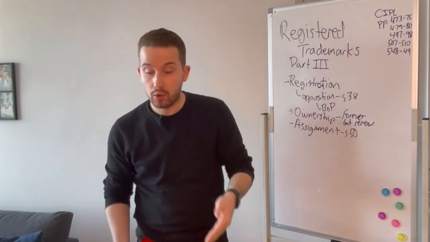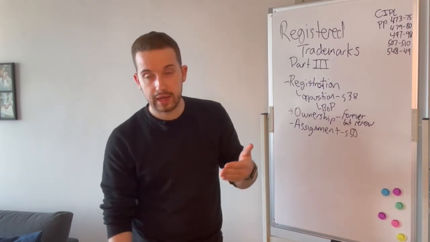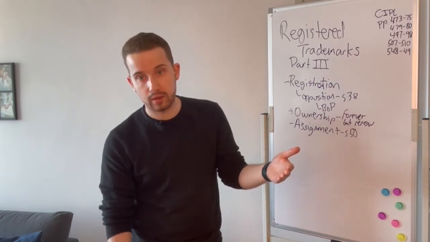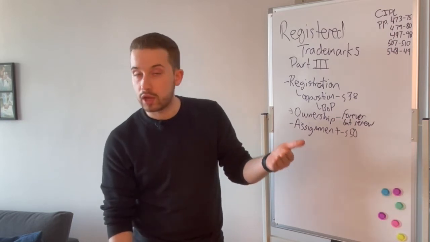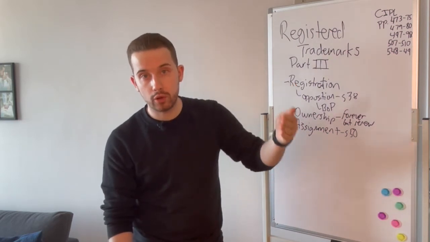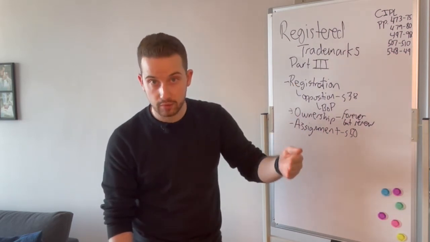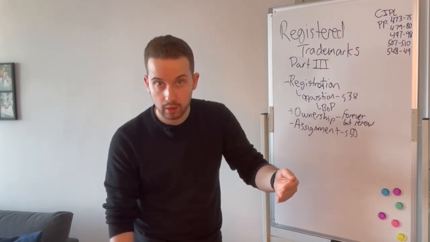So let's say, I registered it in 2017. And now in 2020, someone comes in and says, hey, Phil's no longer using his trademark, let's remove it. The government says yes, right? My trademark is removed from the registry. So as of then, as of 2020, I no longer have a registered trademark.